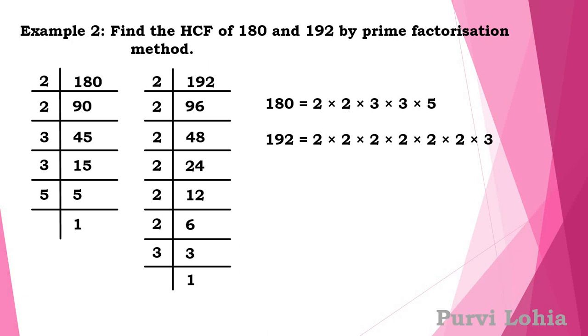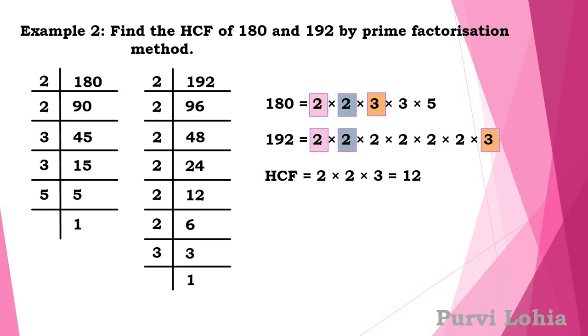Okay, so prime factors 2 are common. Again 2 are common. Now there are no more 2's in 180, but there is 1 3 in 192. So 3 are common. Okay, so we'll take out 1 out of each pair. So it will be 2 into 2 into 3, that is 12.